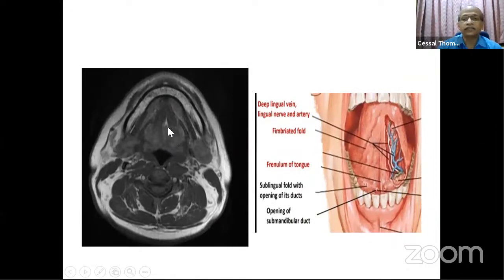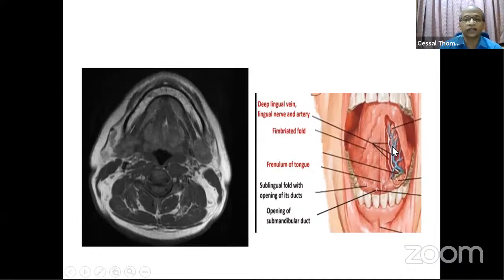In the sublingual space, we have the genioglossus muscle and hyoglossus muscle, and here you can see the sublingual space. What are the contents of the sublingual space? You can see the artery, lingual vein, and also the lingual nerve.